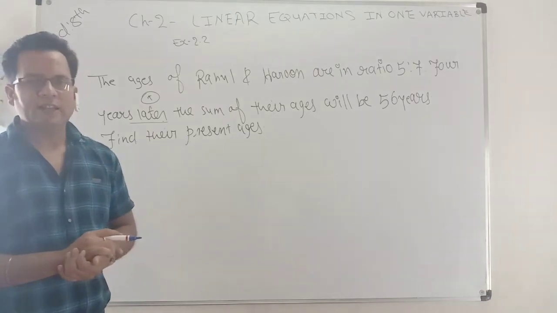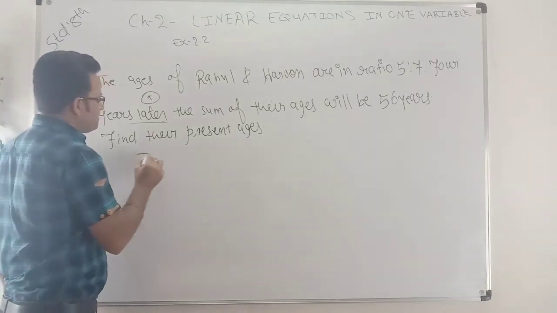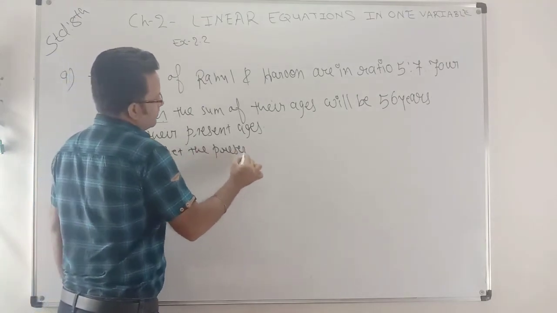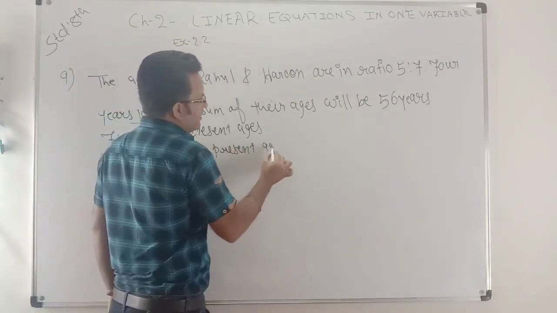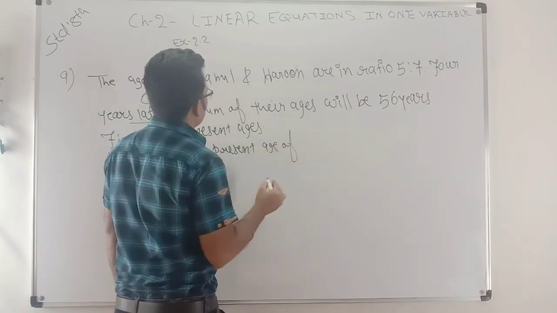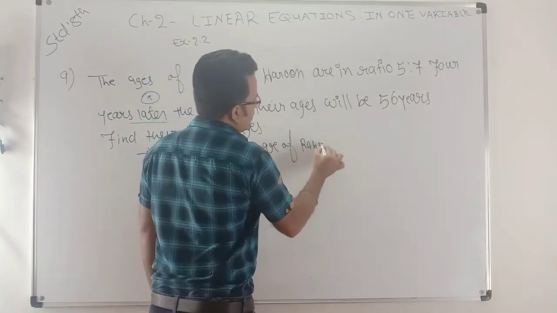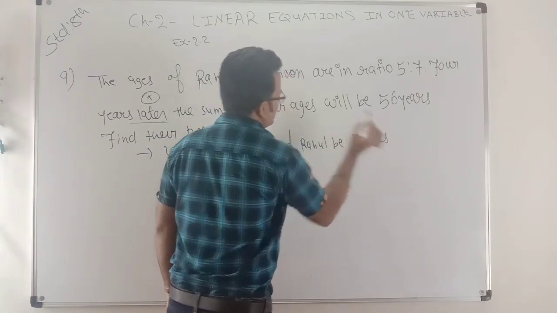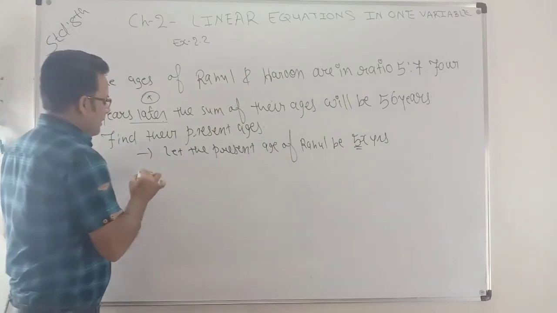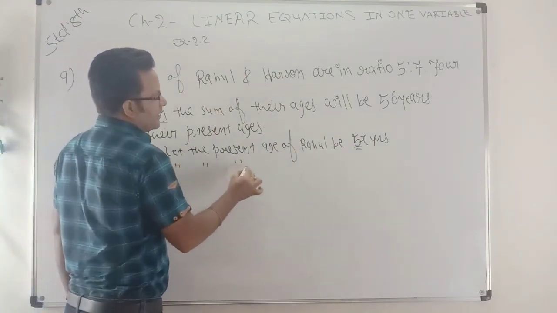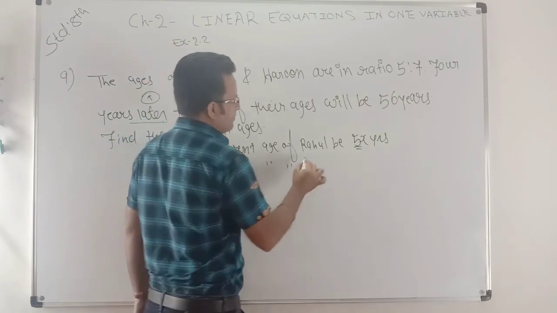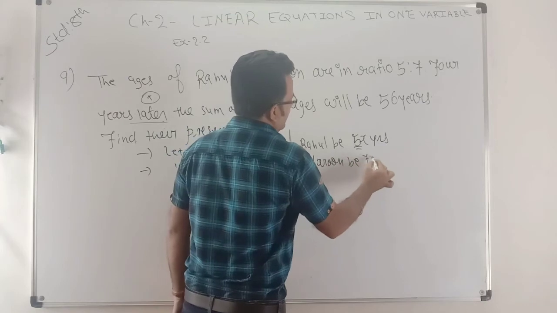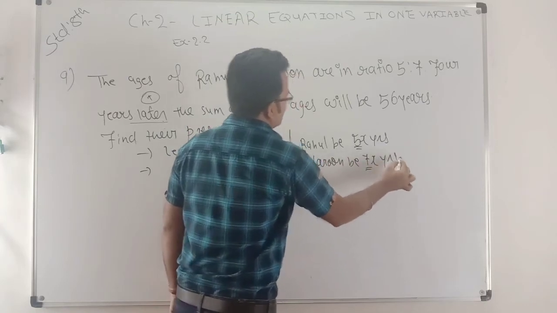Find their present ages. So first of all, let the present age of Rahul be 5x years. Same way, let the present age of Arun be 7x years.